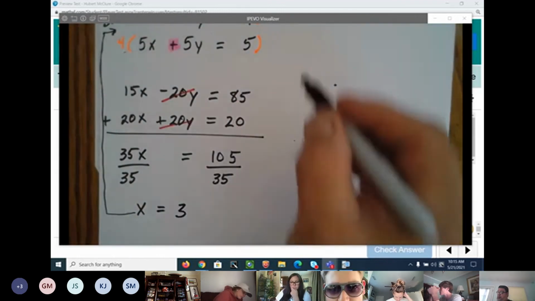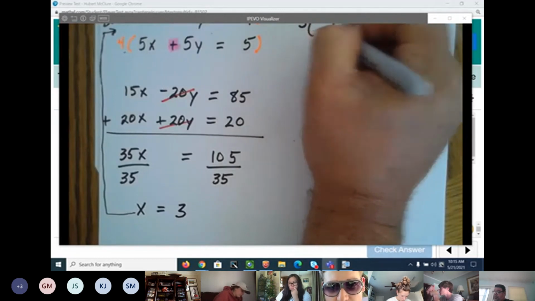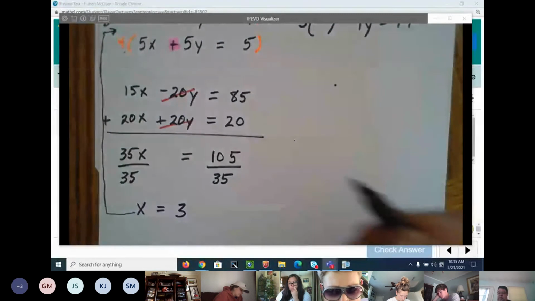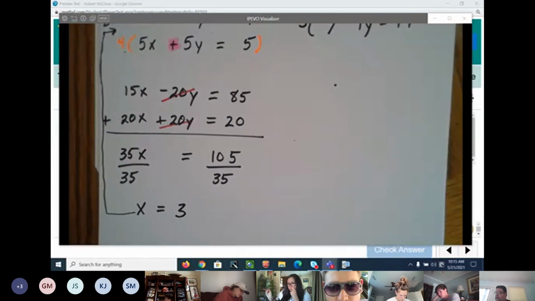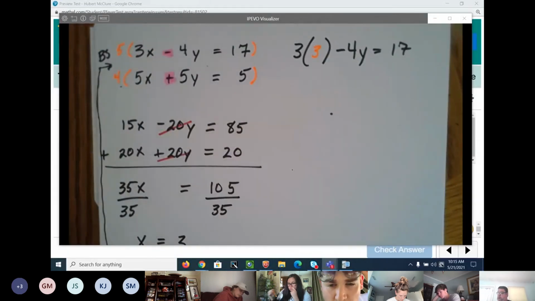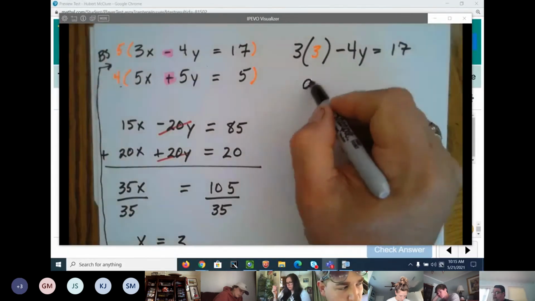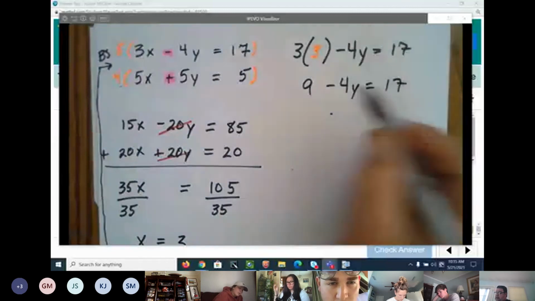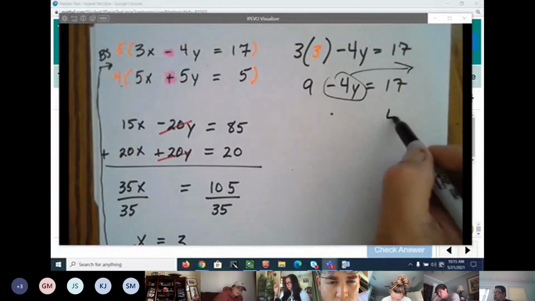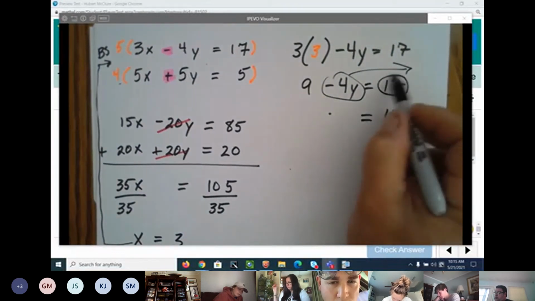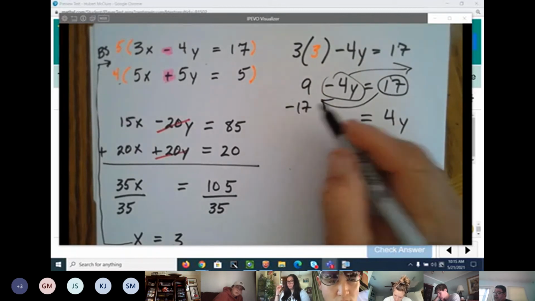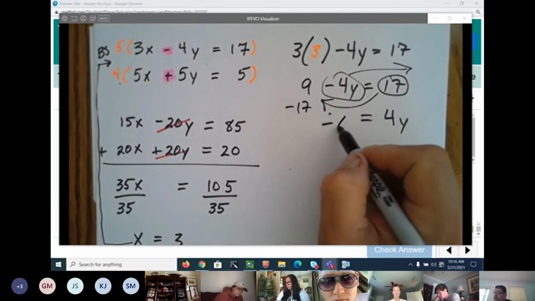I don't care which one. 3 times 3 minus 4y is equal to 17. Plug in that 3 and we get 9 minus 4y is equal to 17. Take the 9, I'm going to take the 4y across the river, and 17 across the river, minus 17. 9 minus 17 is negative what? 8.